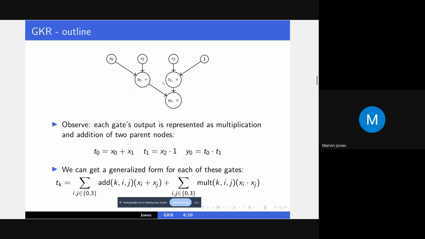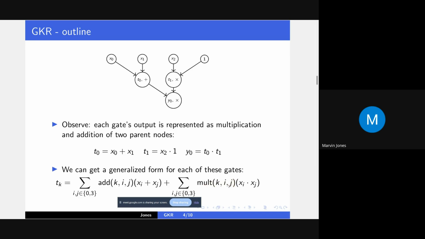So K is 0 or 1, and we can generalize it as: is K the result of an addition of the nodes Ij from the previous layer? Is K the result of a multiplication from nodes Ij?